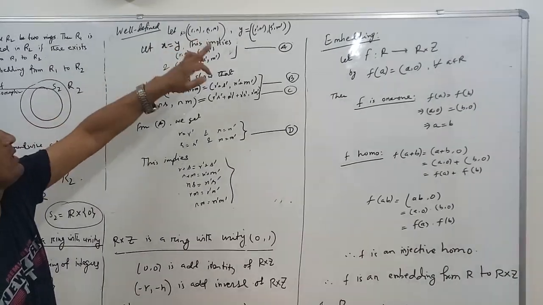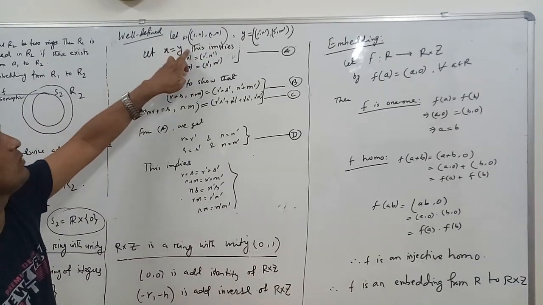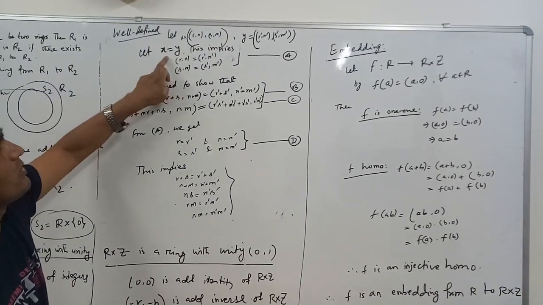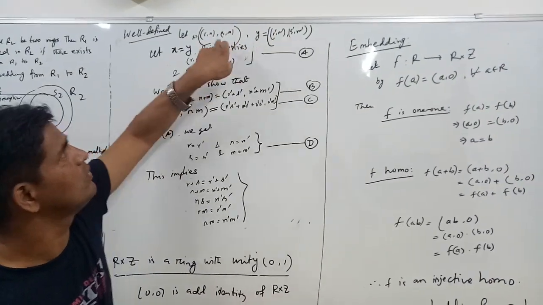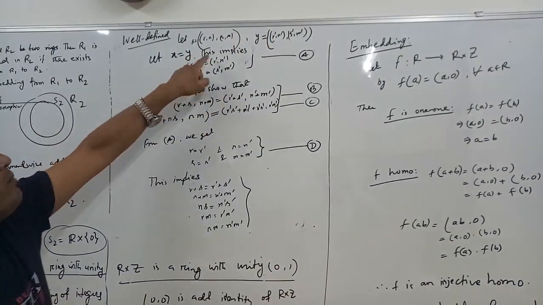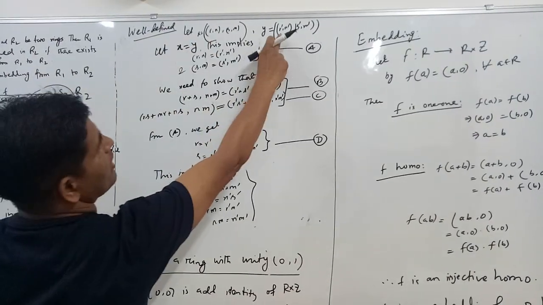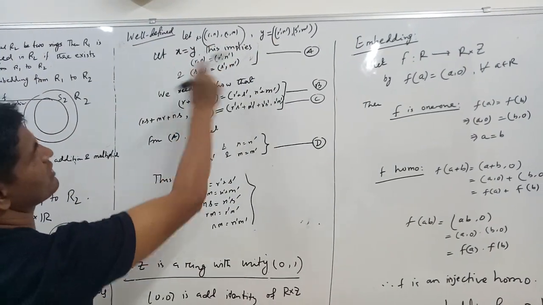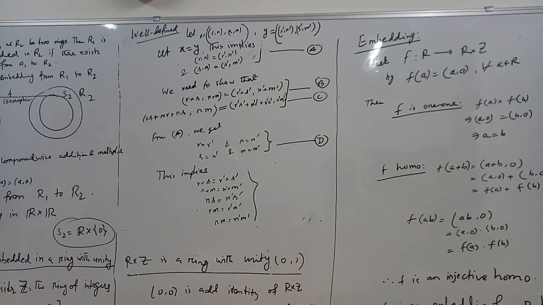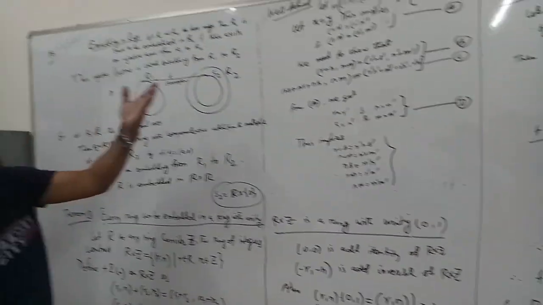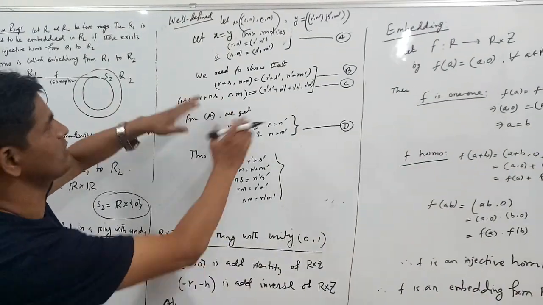If we take those two elements as equal, say x = y, this means, comparing component-wise, r = r' and n = n'. So to prove this well-definedness, we need to show this for addition.